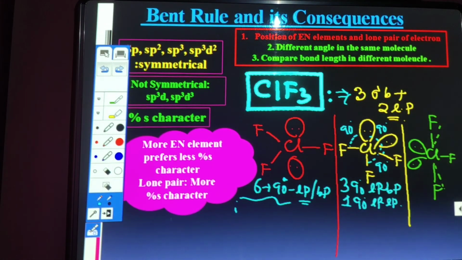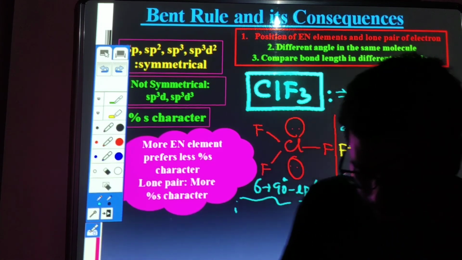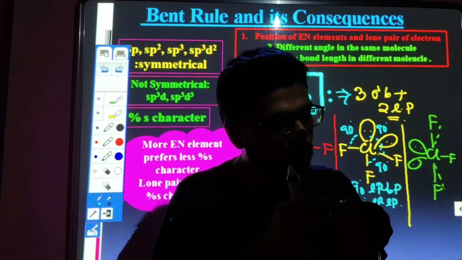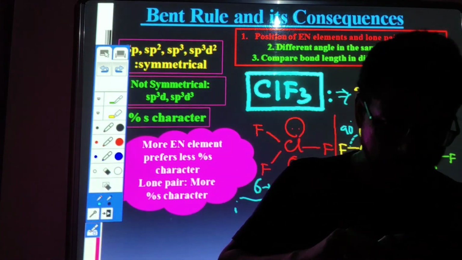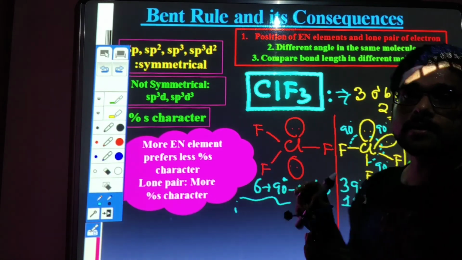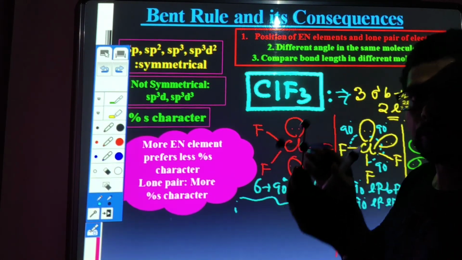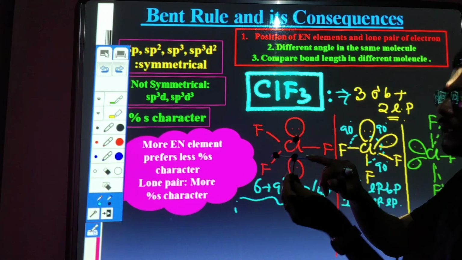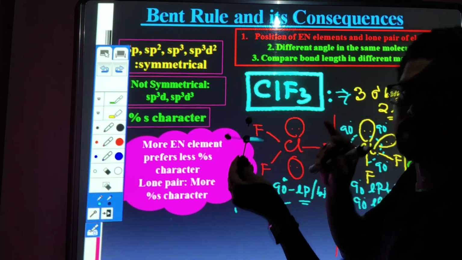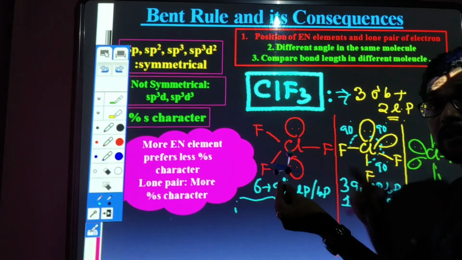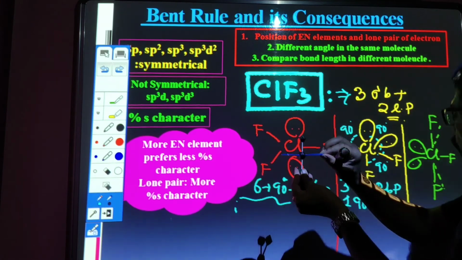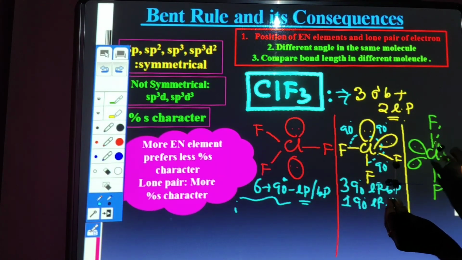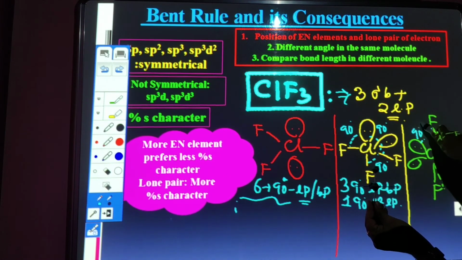Now for this one, let me put the lone pairs in equatorial positions and count the 90-degree lone pair-bond pair repulsions, which are significant, and lone pair-lone pair also. See here, 120-degree repulsions are very small and insignificant compared to 90 degrees. How many lone pair-bond pair repulsions will you get? Here 90 degrees, you can see.